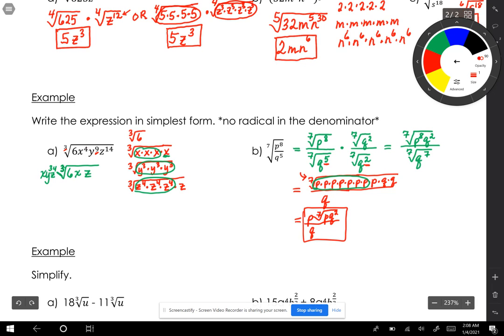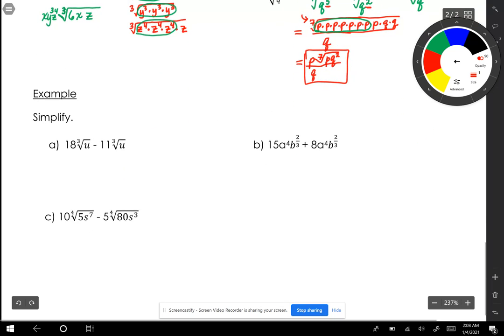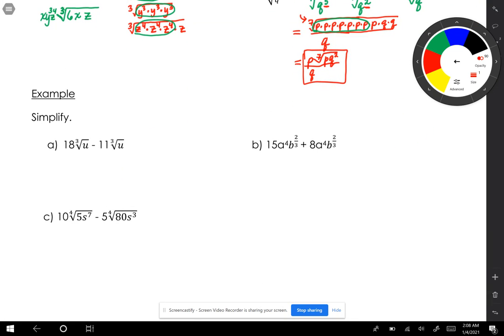Will you have it on your test? Most likely not. Okay, and our last 3 examples are not scary looking, but you treat adding and subtracting with radicals the same way as you would adding and subtracting with variables. So you only deal with the numbers in front.